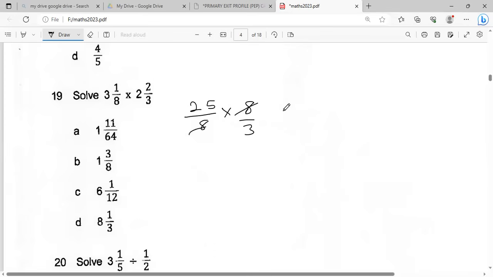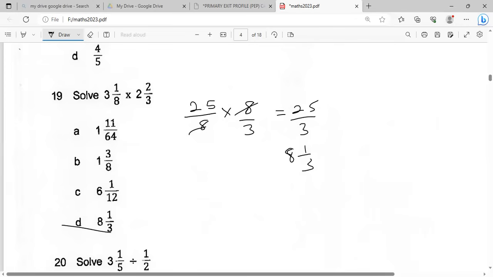So we're gonna get 25 over 3, which works out to 8 times 3 is 24. So that's 8 and 1 over 3. So that's D.